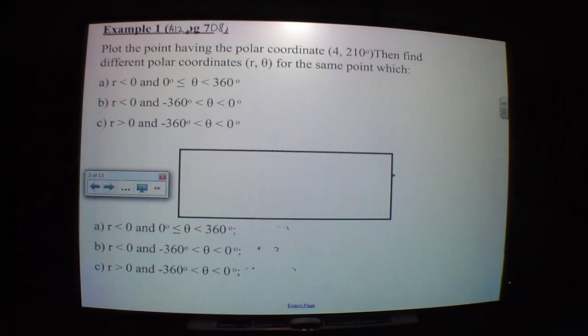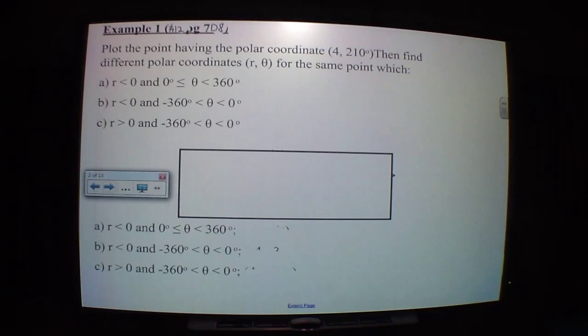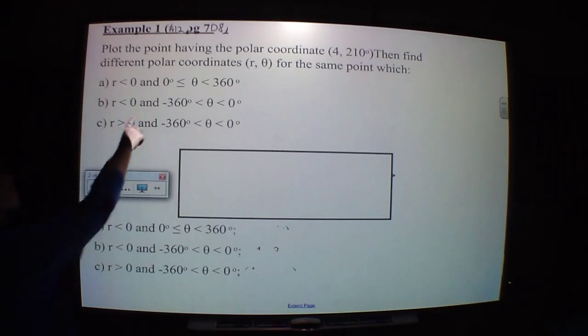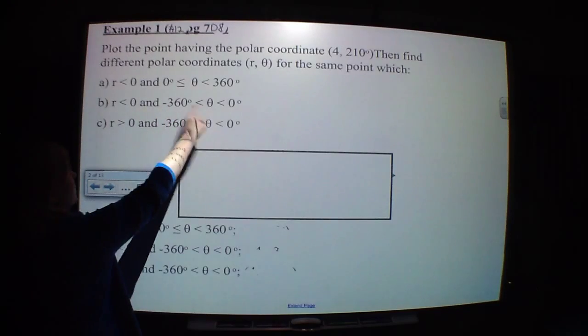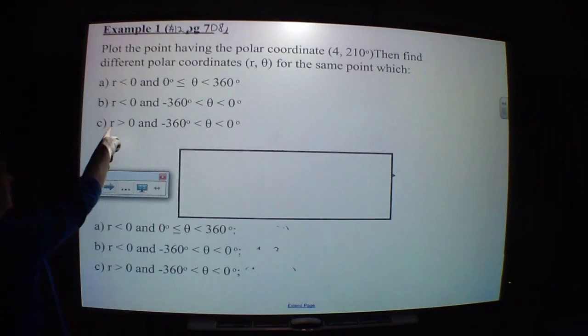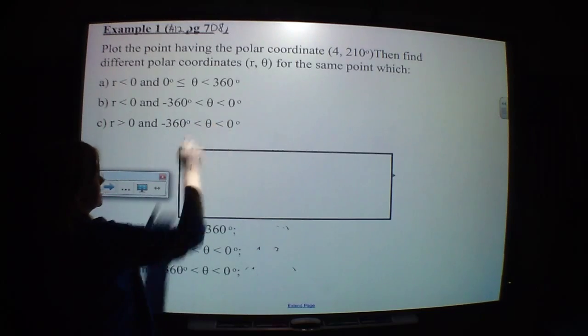So plot the point having the polar coordinates 4, 210 degrees, then find different polar coordinates r, theta for the same point, where r is less than 0 and the angle is between 0 and 360, r is less than 0 and the angle is between negative 360 and 0, and r is positive and the angle is between negative 360 and 0.